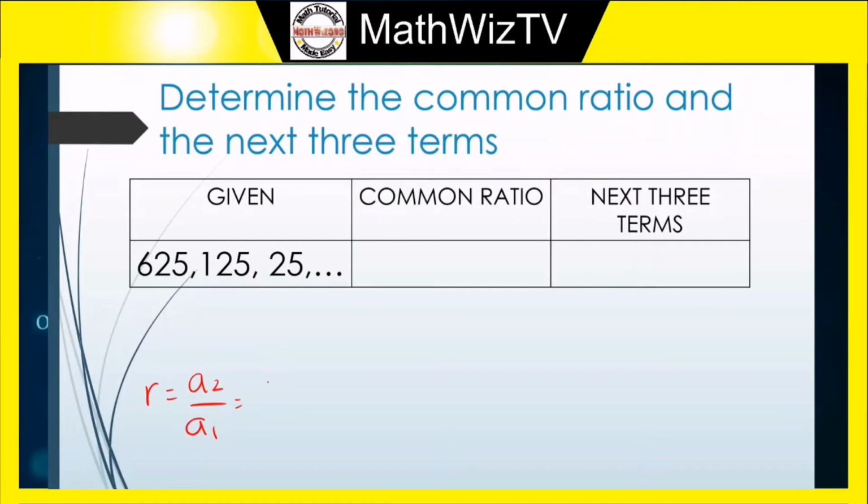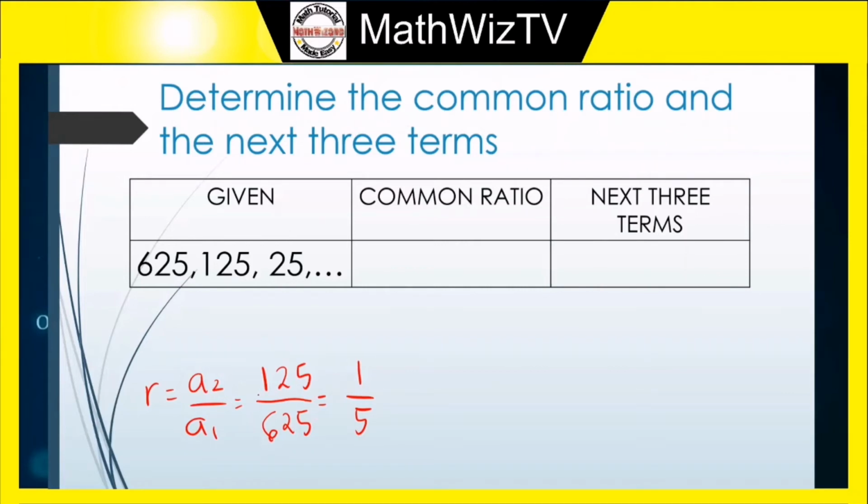So our a sub 2, or second term, is equal to 125 all over 625. As we divide this, we can find 1 over 5 because the numbers 125 and 625 are divisible by 125.